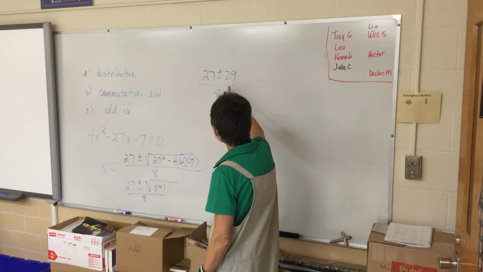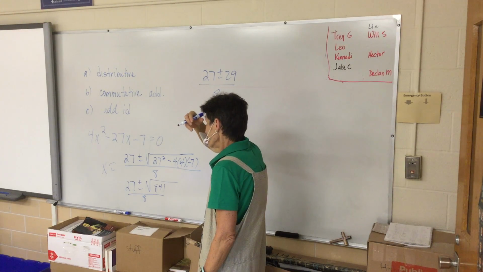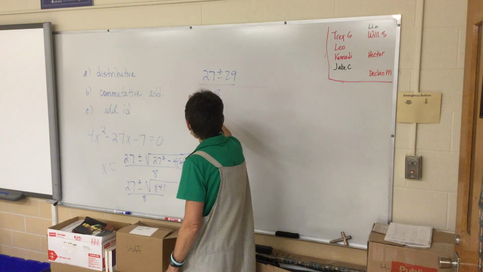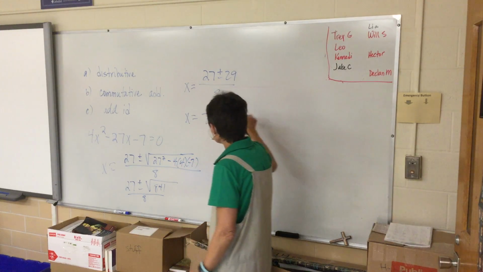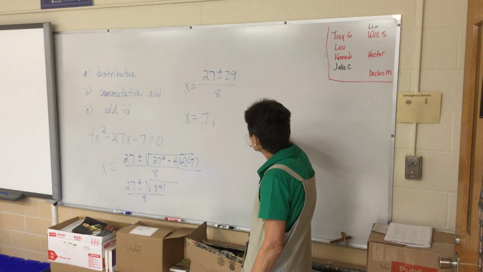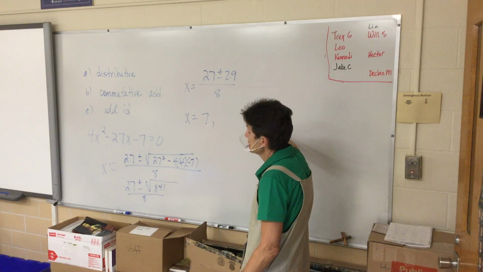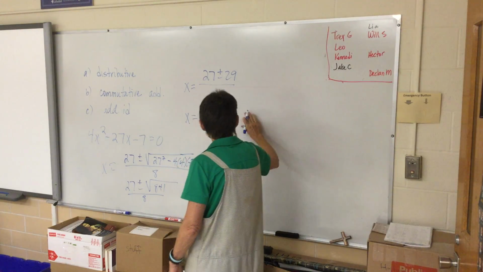So 27 plus 29 is 56, divided by 8 is 7. So one of my answers is 7. 27 minus 29 is negative 2, divided by 8 is negative 1/4.